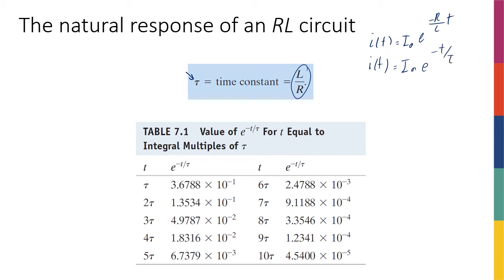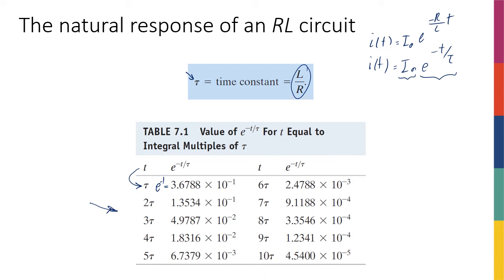So now if I start to analyze this negative t over tau and only look at the exponential part, because I naught is really a constant, and I look at this table, I can see that for 1 tau, so if t is equal to tau, e to the power of negative t over tau is going to be equal to e to the negative 1, which is equal to 3.67 times 10 to the negative 1.